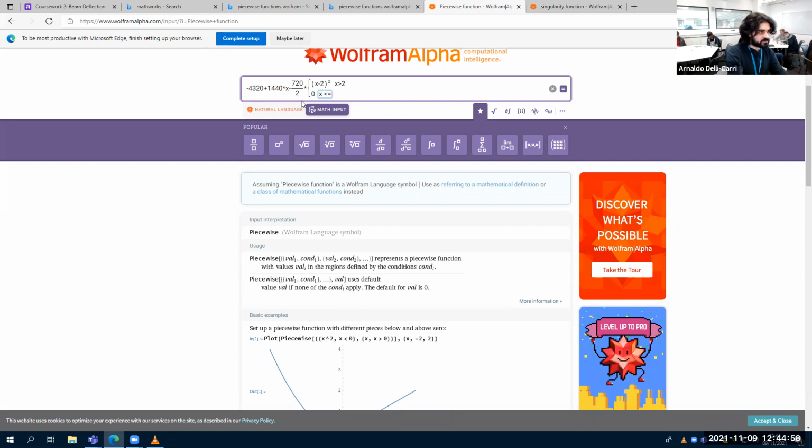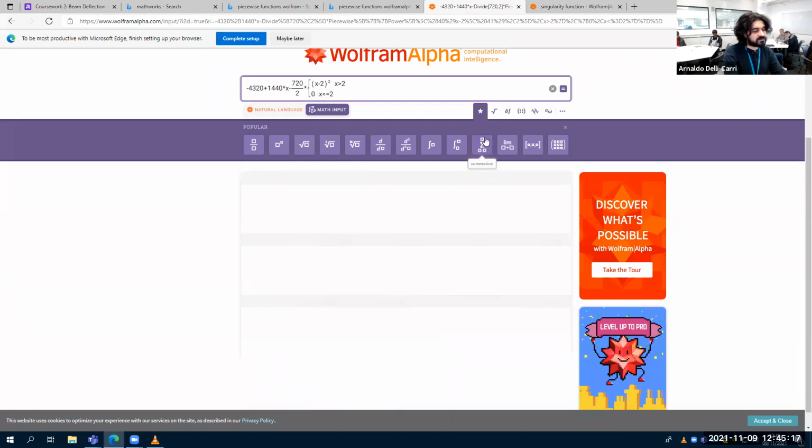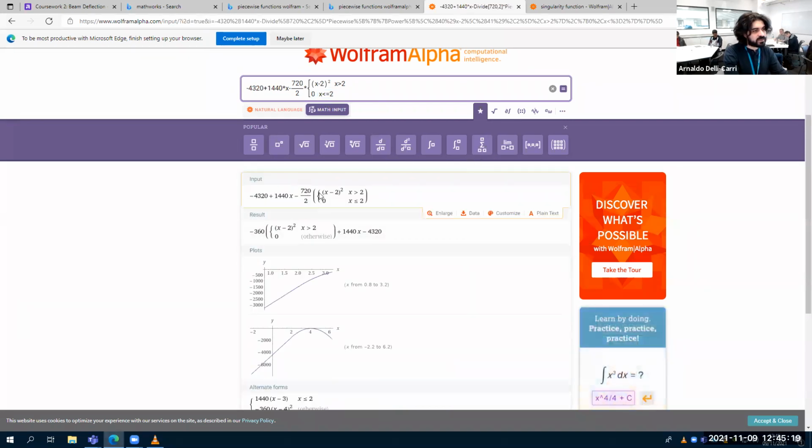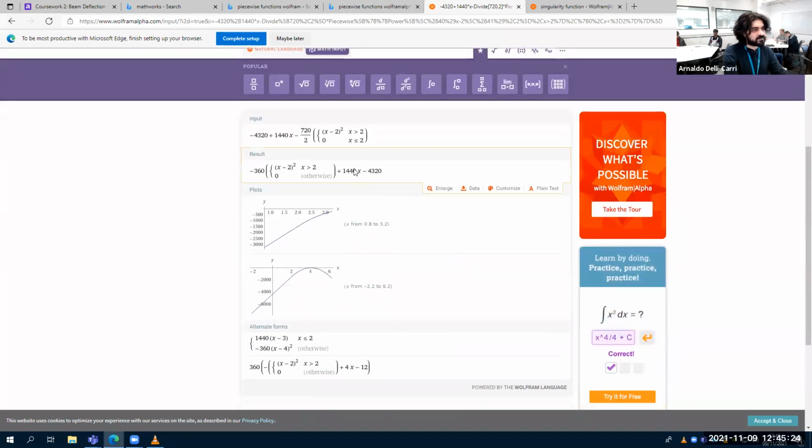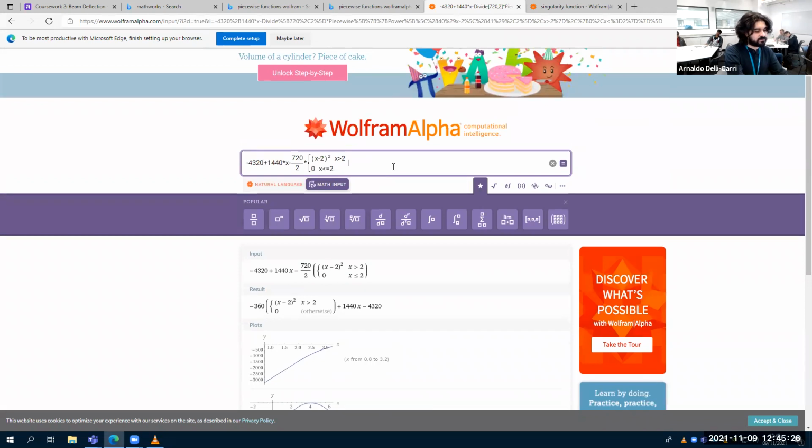Why doesn't this work? You have to put 0 in the colorful square. Yeah, this is 0. Should be x smaller or equal than 2. But why doesn't it work? Does it work? Oh yes, it works. There you go. This is the bending moment diagram. And so plot this from 0 to 4.